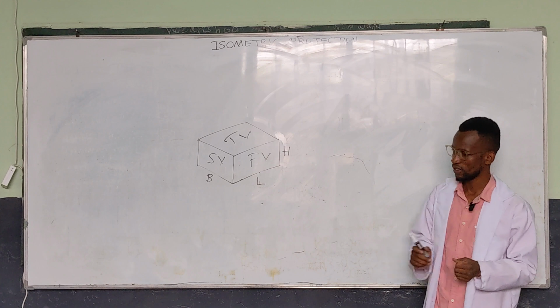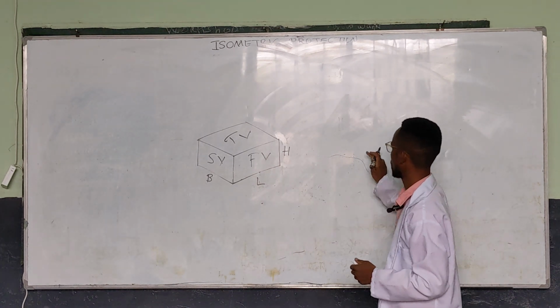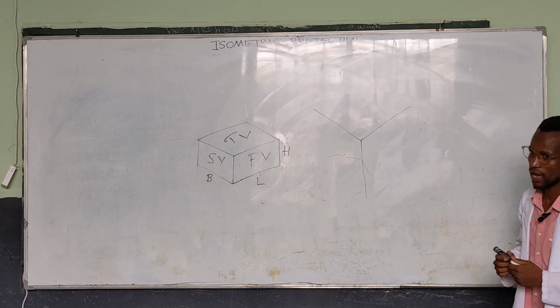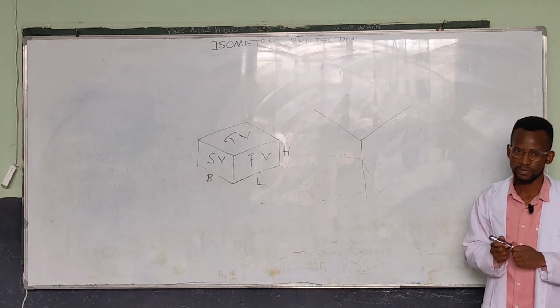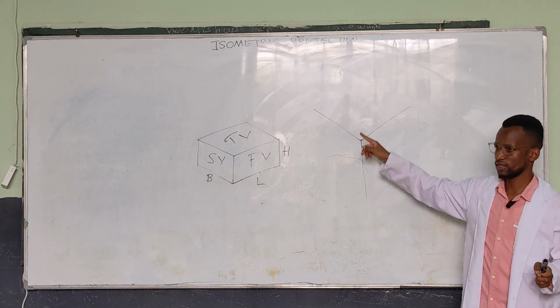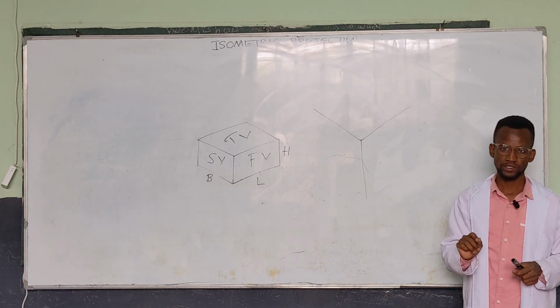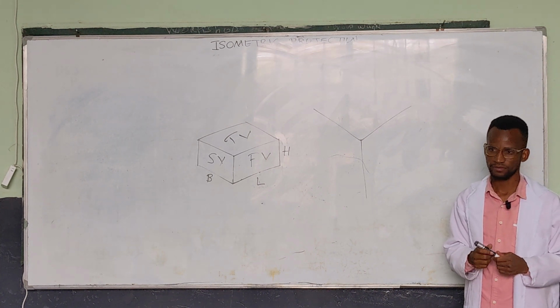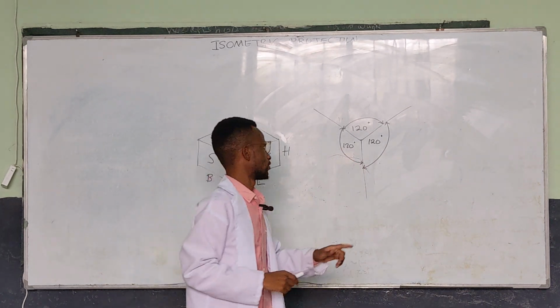So when drawing here now, an isometric object has axes that meet like this. Axes that meet at a point, okay? They're meeting at that point in this manner. So this is the modification that is there. These axes that we are seeing here meet at an angle of 120 degrees with each other, and another 120 degrees.